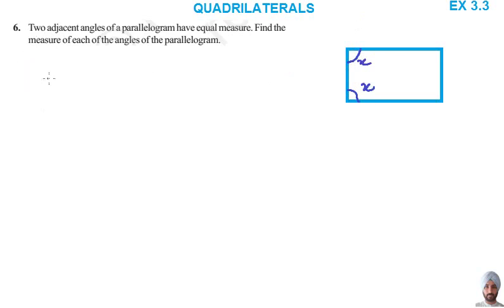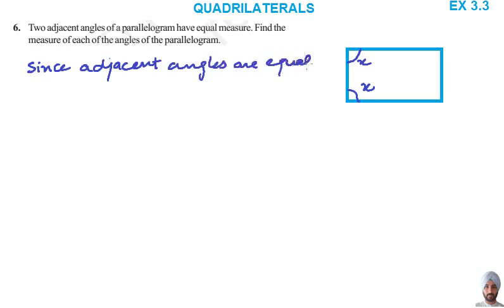So let us write, since adjacent angles are equal, therefore x plus x is equal to 180 degrees.